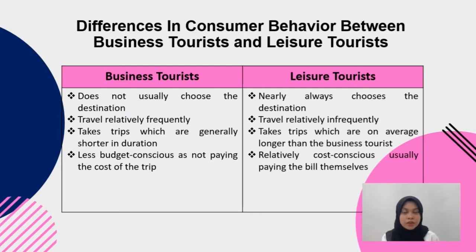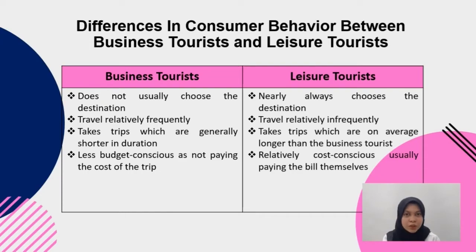This is because mostly the employer makes the decision for the trip, while leisure tourists make their own decision, as it can fulfill their interest in vacation. Secondly, business tourists usually travel more frequently. This is because they travel for business projects such as attending meetings, conventions, and conferences.